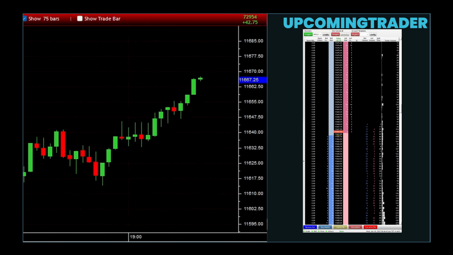You can also use momentum indicators like the Relative Strength Index, or RSI, and the Moving Average Convergence Divergence, also known as MACD. These indicators can help you decide if a breakout is likely to keep going or if the price might turn around.